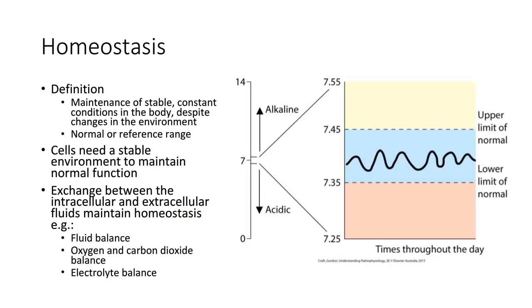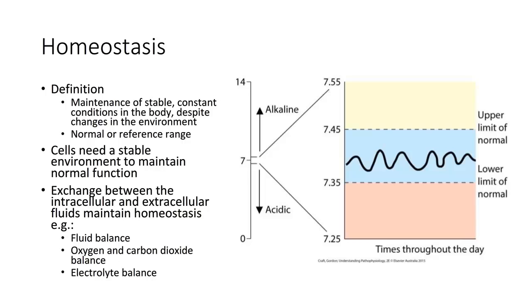Okay, so the difficulty with some things is knowing exactly what normal is, and the definition for homeostasis is about the maintenance of stable, constant conditions in the body despite changes in the environment. So it's all about those negative feedback loops that actually bring the body back within the normal or reference range.